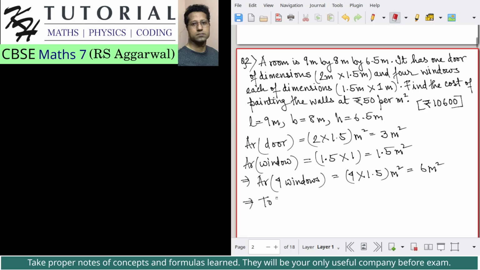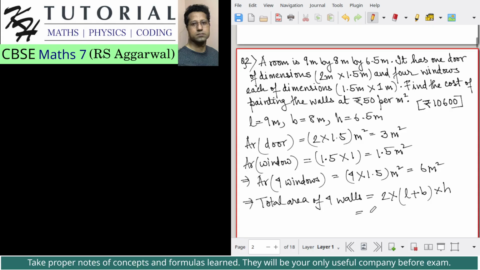Let's first find out the total area of 4 walls. We know for a room, the formula is perimeter multiplied by height, that is 2 into length plus breadth is the perimeter of the floor, and this multiplied by height is the total area of the 4 walls.